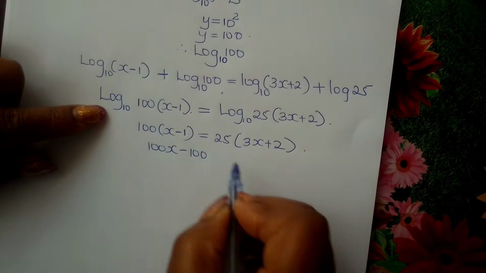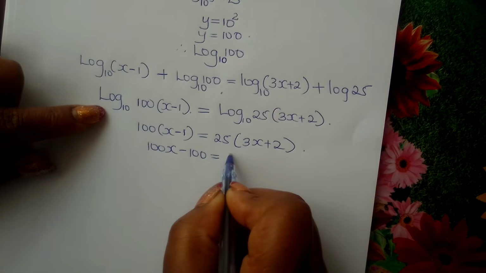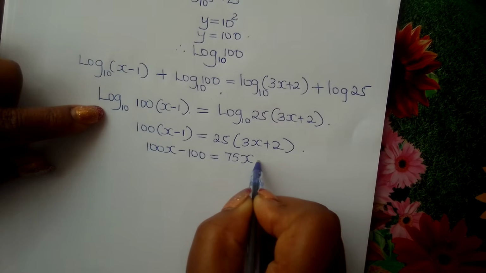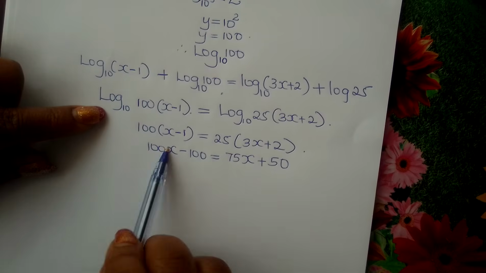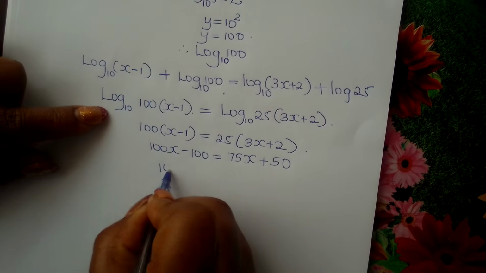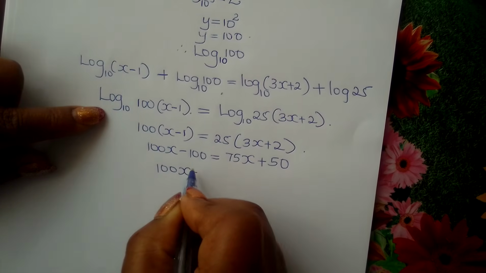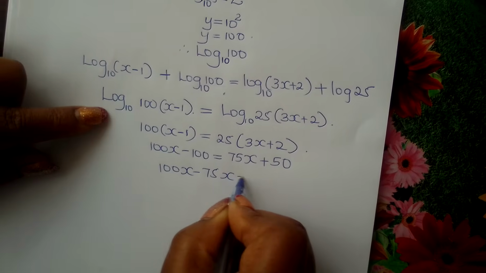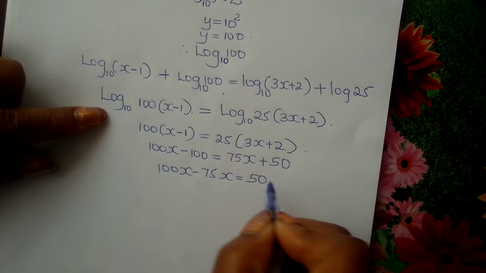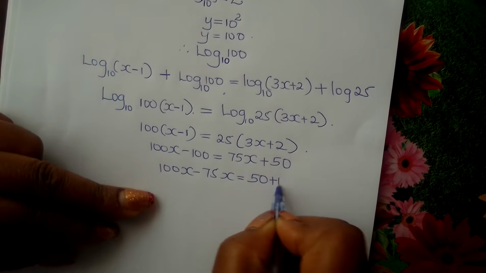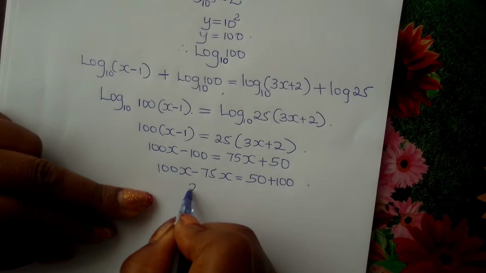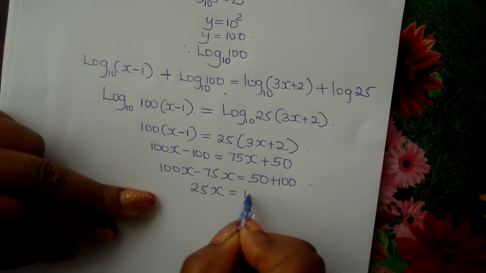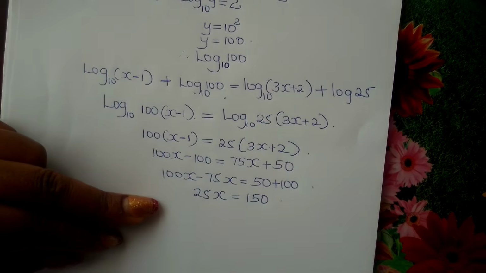So this gives you 75x plus 50. Put the like terms together. So 100x minus 75x is equals to 50 plus 100. Subtract this, learner. You'll get 25x is equals to 150.